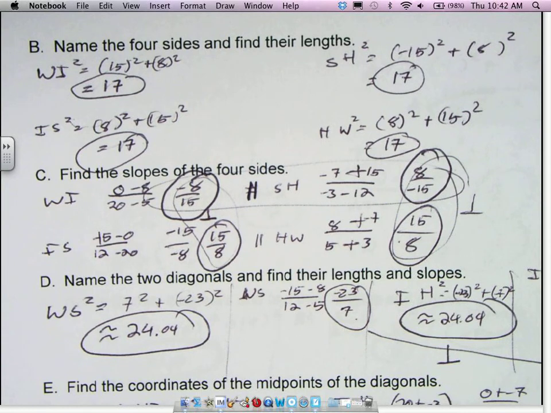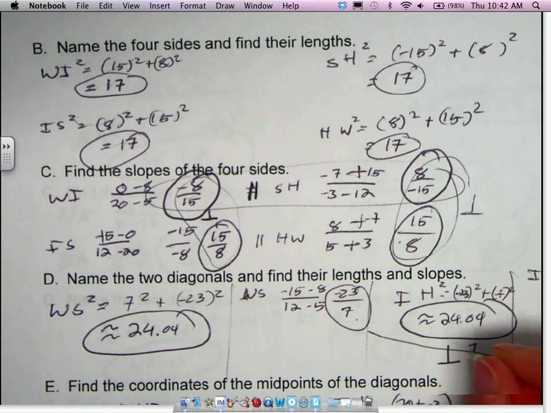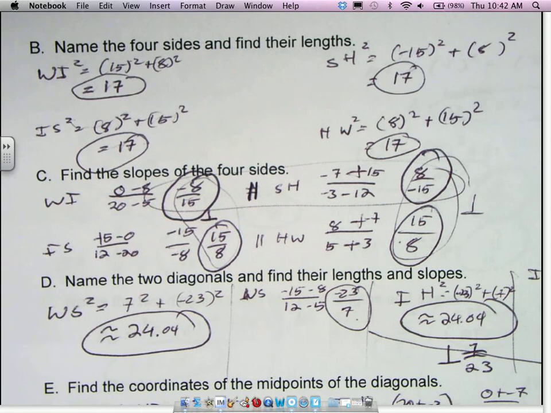D is 24.04 is the length of WS, and WS's slope is negative 23 over 7. IH is 24 over 7, and its slope is 7 over 23. Can you guys see this? WS and IH. Okay? So the slopes are perpendicular.